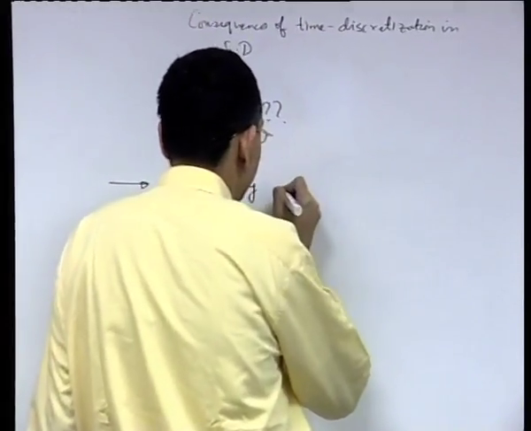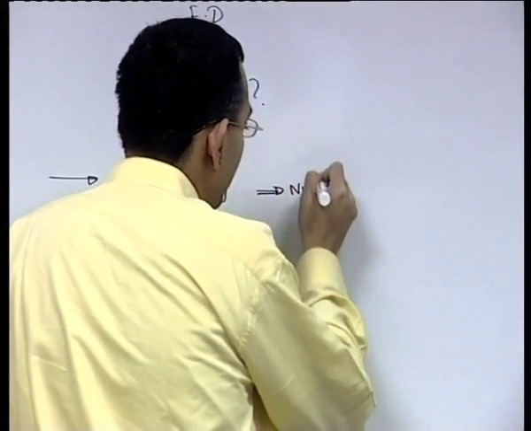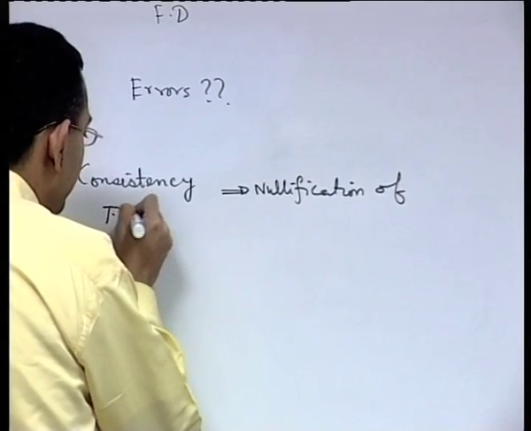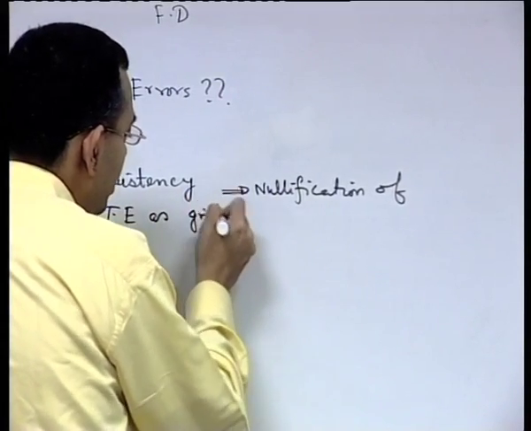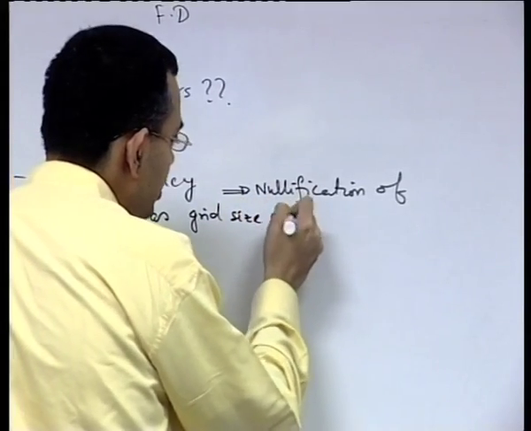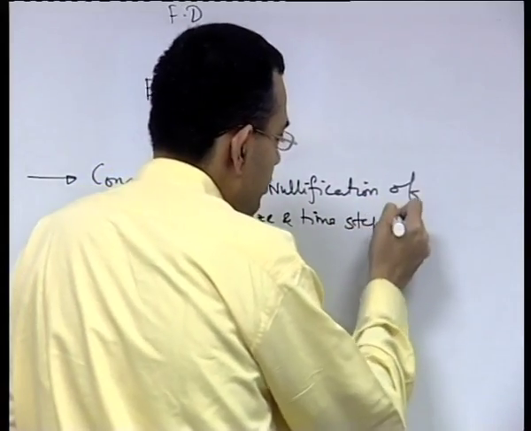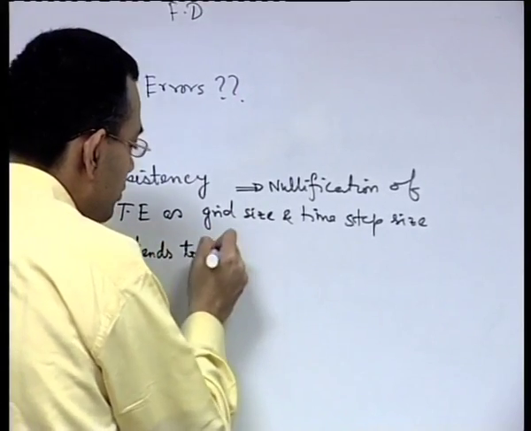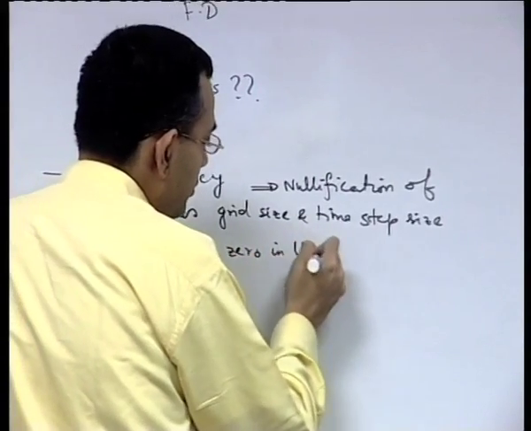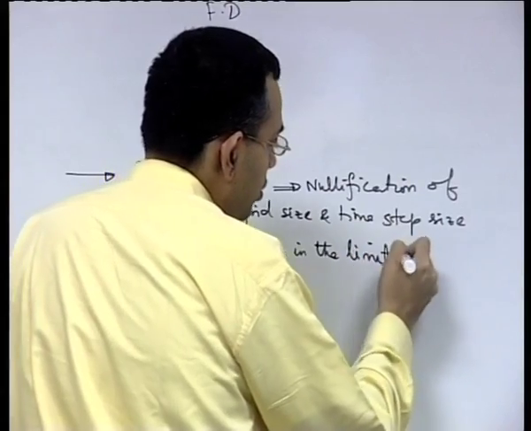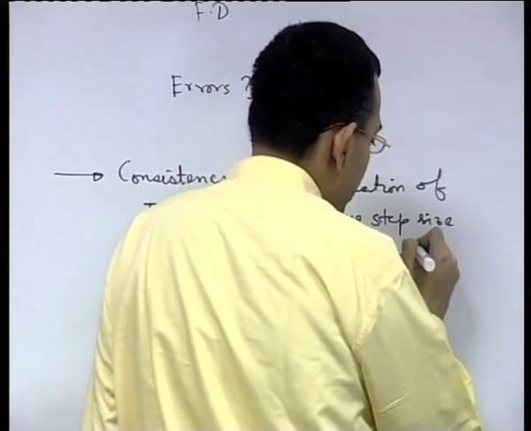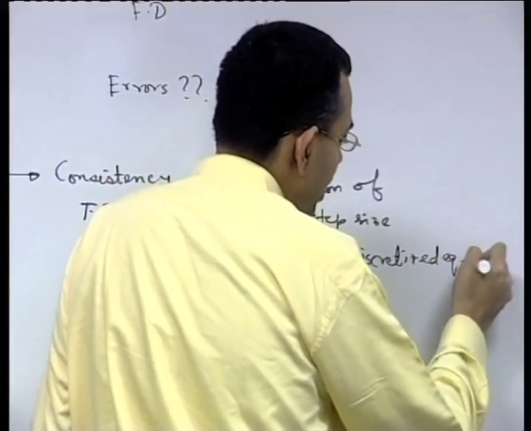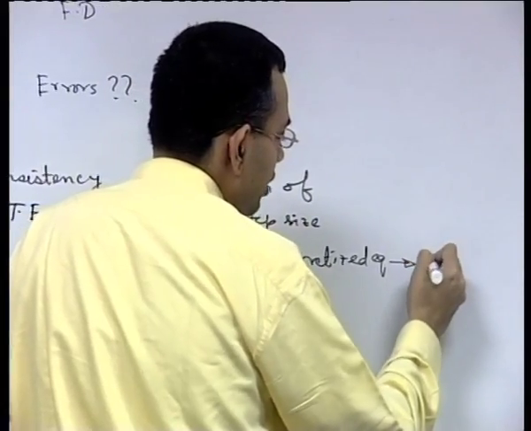So, nullification of truncation error as grid size and time step size tend to 0 in the limit, which implies that the discretized equation tends to behave the same as the governing differential equation.